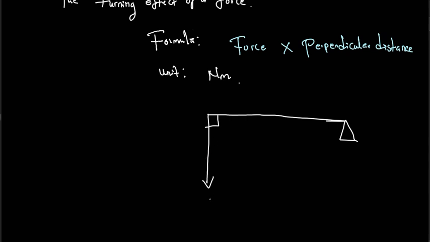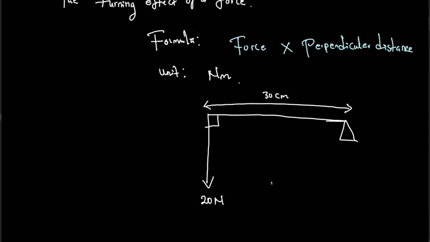So let's say we have a 20 Newton force here, and the distance between that force and the turning point is 30 cm, for example.